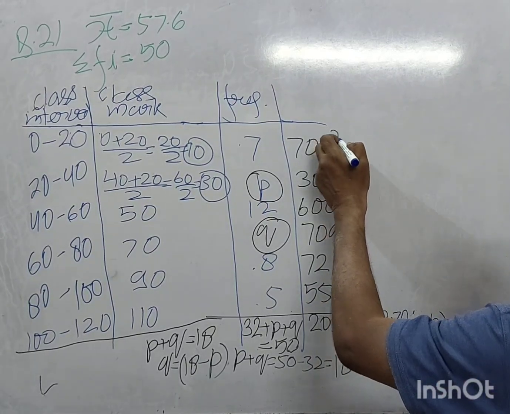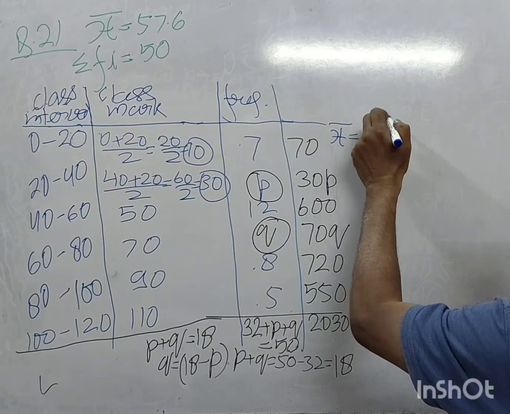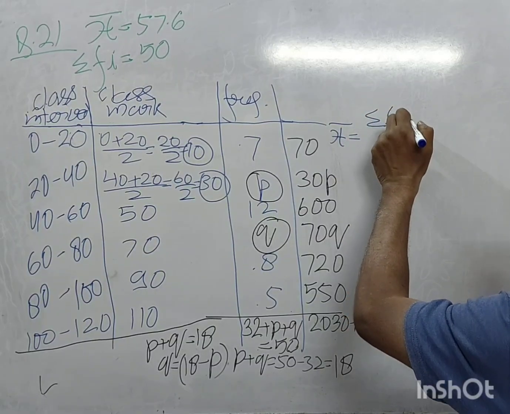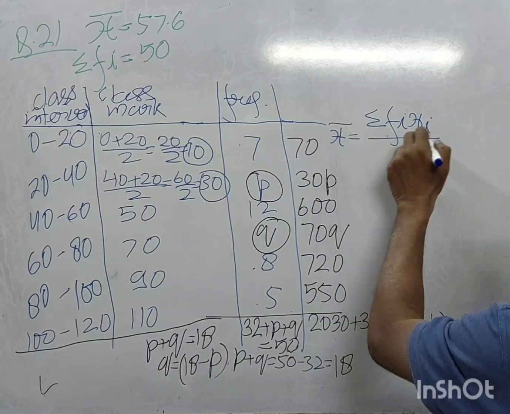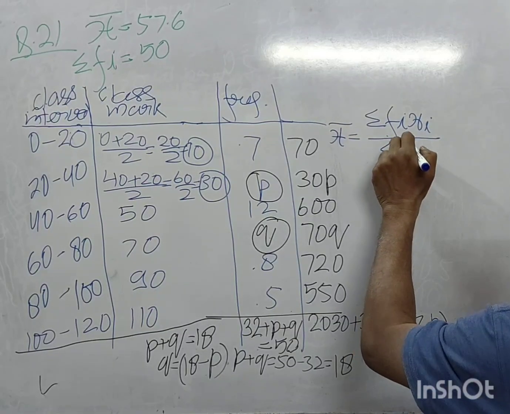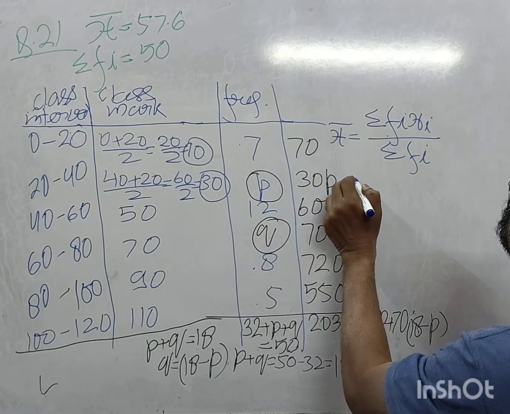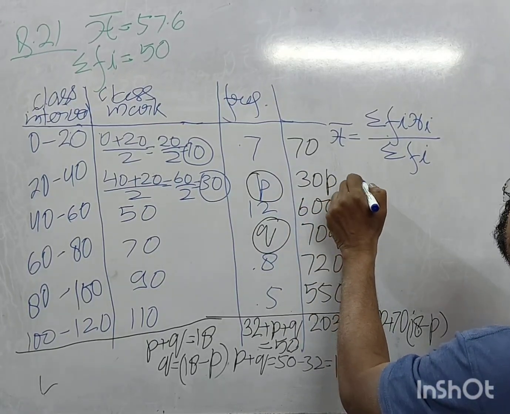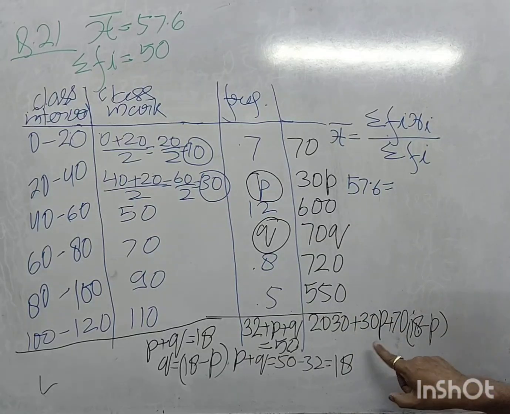So x bar is equal to summation of fi xi upon summation of fi. This is 57.6 is equal to this.